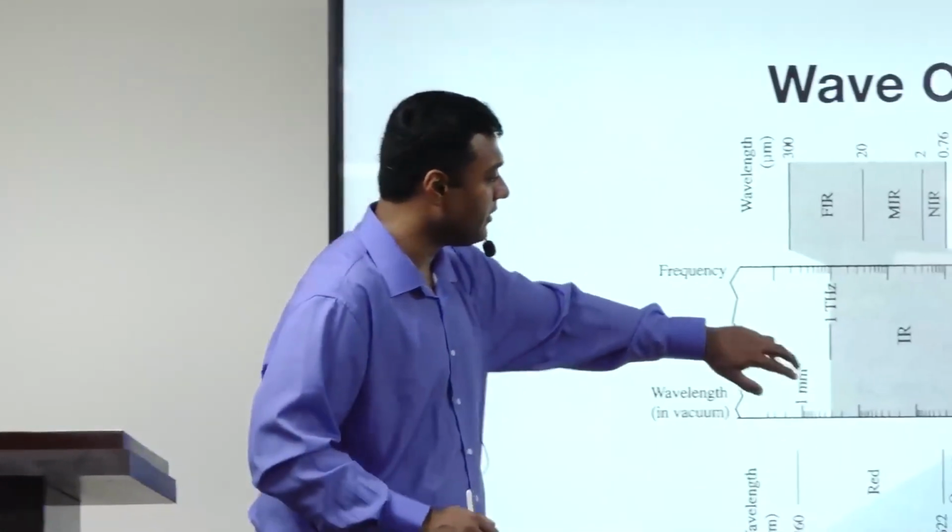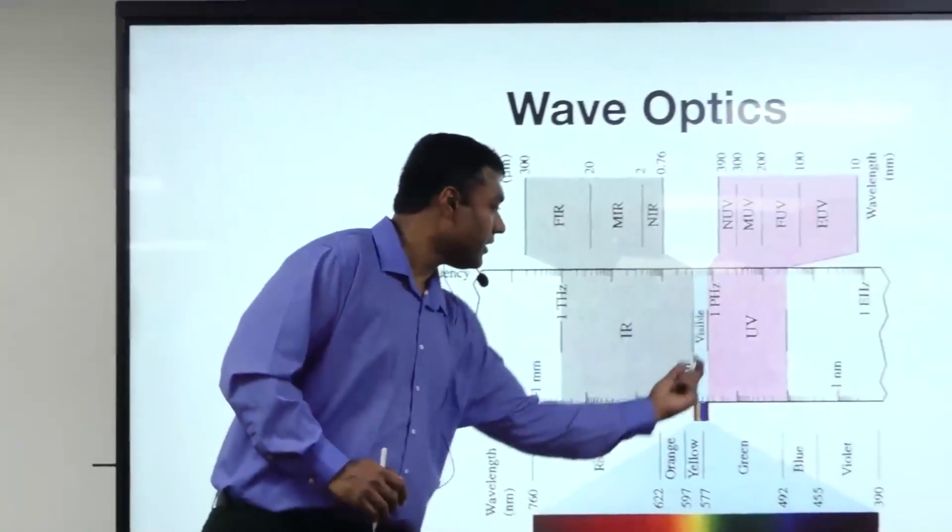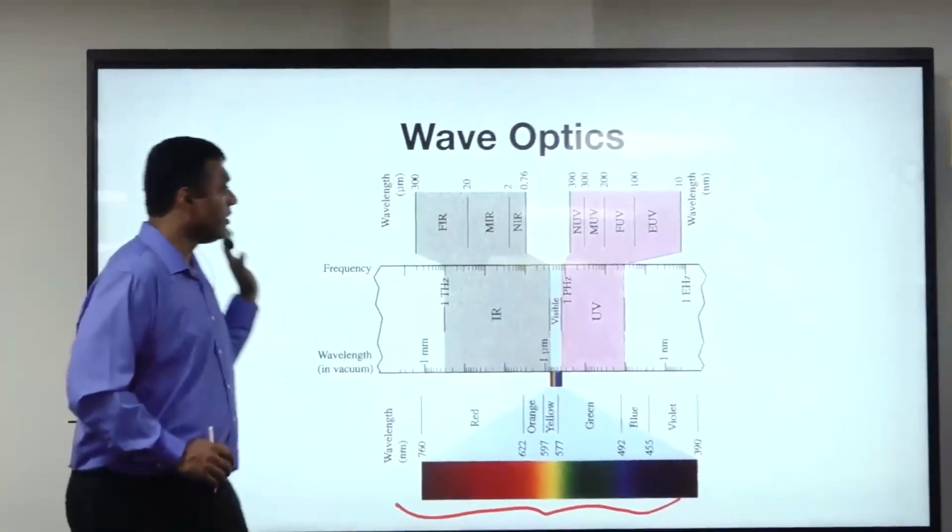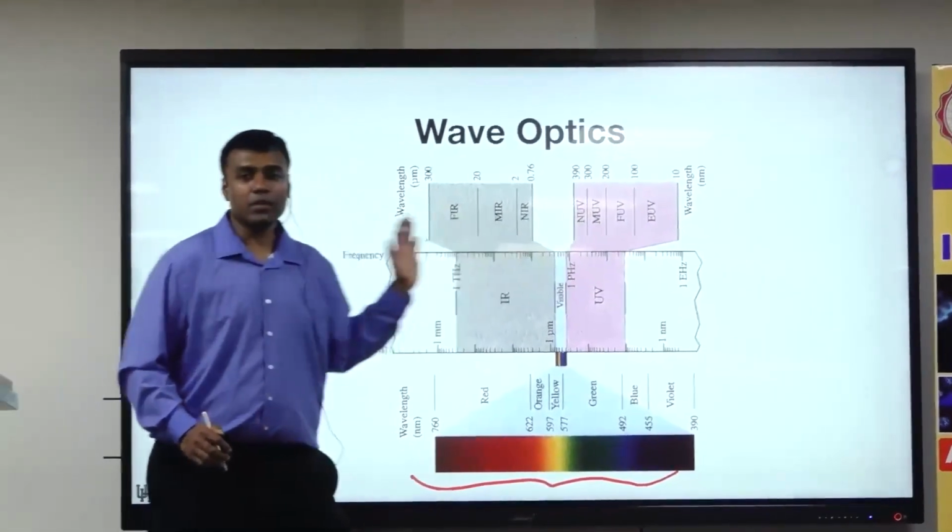So we'll think of light as waves. In the context of optics, this is the entire range of the electromagnetic spectrum, and this is the visible region. Everything that we can see with our eyes is a very narrow sliver of the entire electromagnetic spectrum.